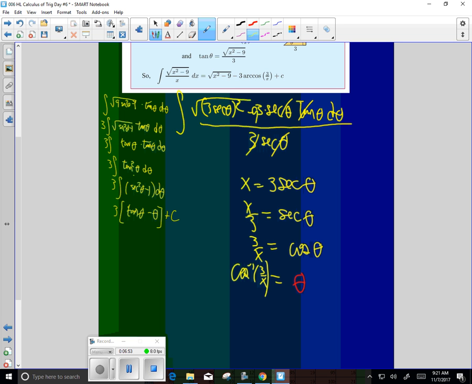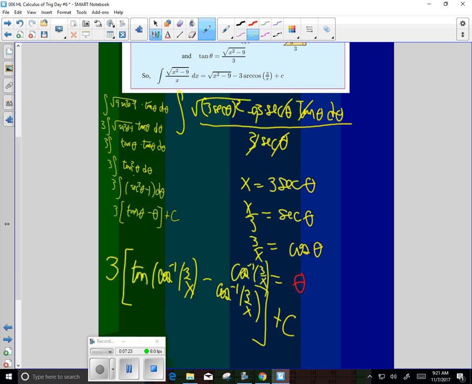So now we go back to the problem and we say 3 times the tangent of the cosine inverse of 3 over x minus the cosine inverse of 3 over x, plus c. There's only one thing we probably should change.